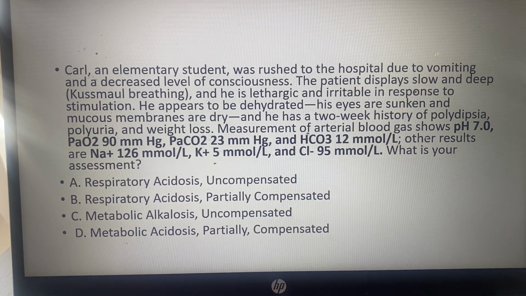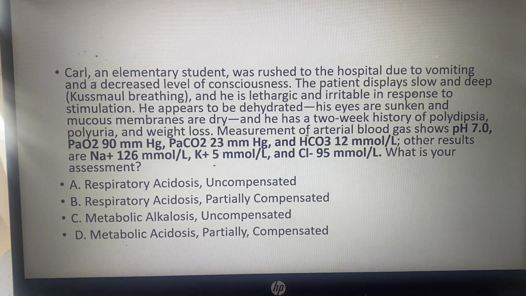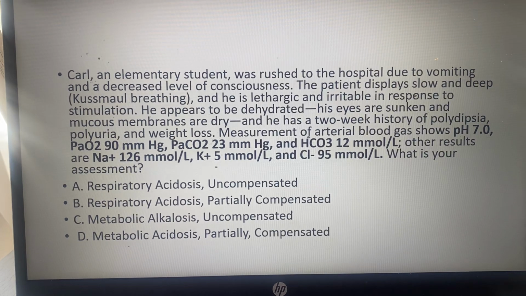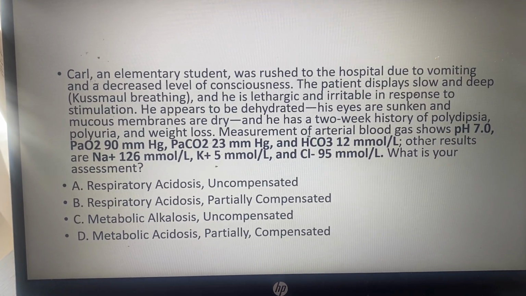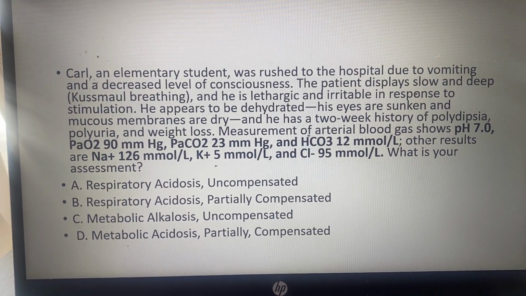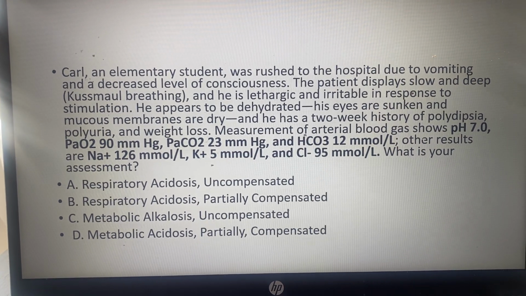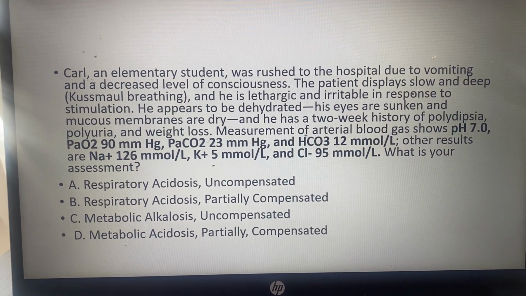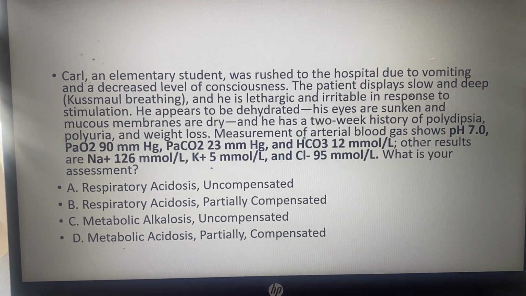All right, so we're back, and we have this patient that's having all these symptoms: polyuria, weight loss, polydipsia, and Kussmaul breathing. That's more of type 1 diabetes. He's in elementary school. Remember, usually individuals that are young have type 1 diabetes.